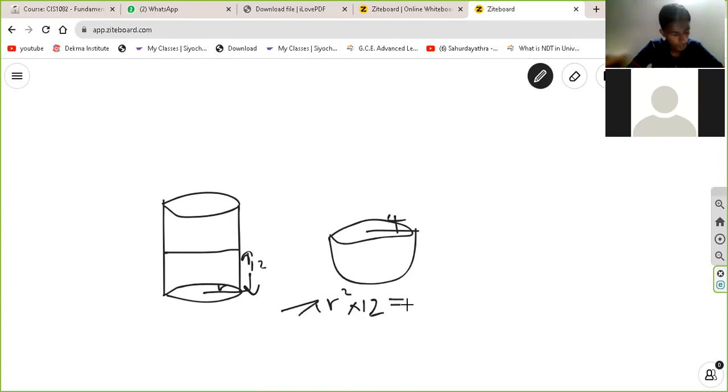It is enough to fill 16 hemispheres. What is the formula to find the volume of a hemisphere? 2 over 3 pi r cubed, where 2 over 3 means half of 4 over 3. Here r is 4, so 4 to the power 3.